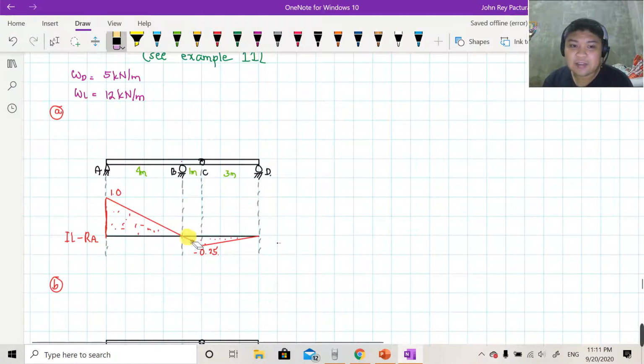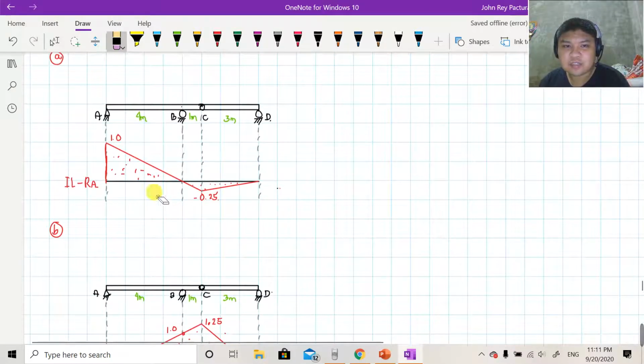Yung positive area ba o yung negative area. So, sa case natin, class, no? So, I don't need to compute na kasi halata naman, class, from the drawing itself, no, that the positive area, class, is much larger than the negative area. So, in fact, ito yung positive area na kino-consider 1/2 times 1 times 4. I-compared mo naman sa negative na 1/2 times 0.25 times 4.